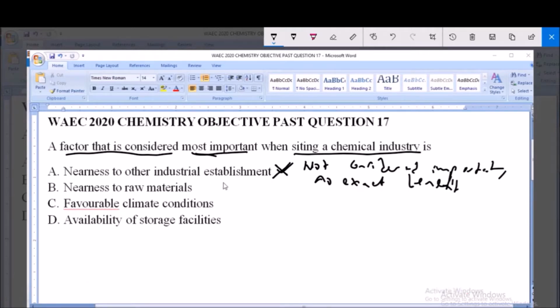Now option B, nearness to raw material, is very important when siting a chemical industry, as this reduces cost of production.